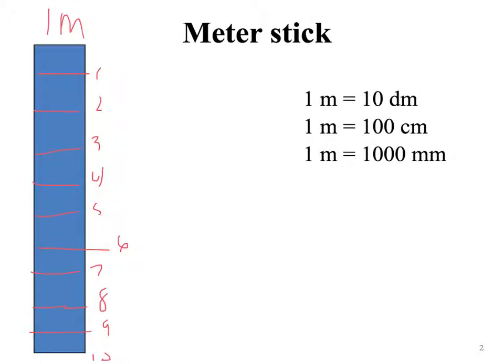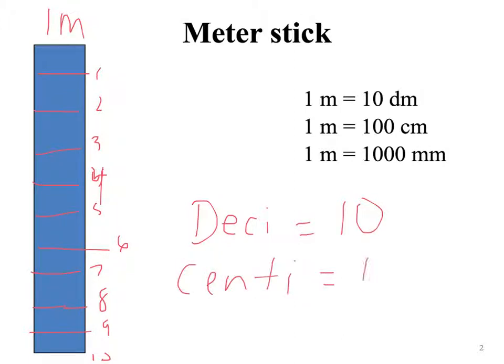Pretend they're even, but you know what I mean. My whole point of this slide is to just illustrate that deci means 10, centi is 100, and milli is 1,000. So 1 meter is 10 decimeters, 1 meter is 100 centimeters, and 1 meter is 1,000 millimeters.